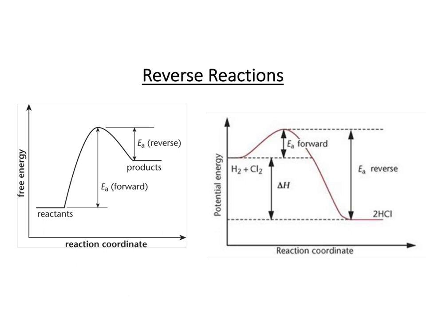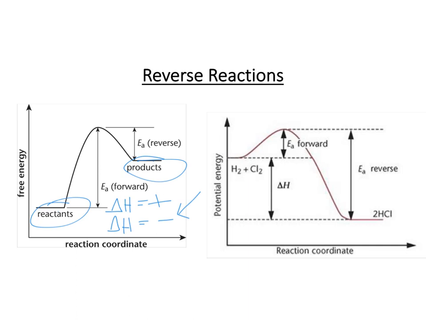So the delta H for the forward reaction is positive, but the delta H for the reverse reaction is negative, because it's going from products to reactants instead of the other way around. When you go from products to reactants, you actually lose energy, which is why it's negative.